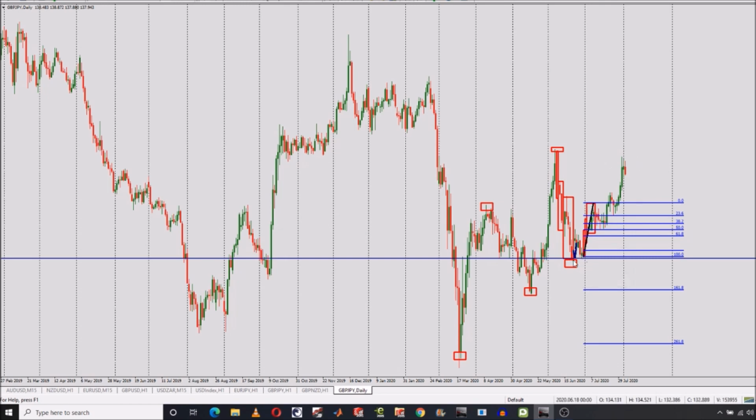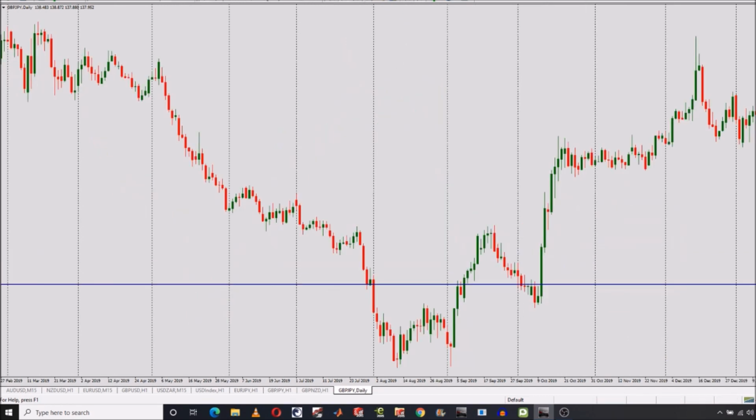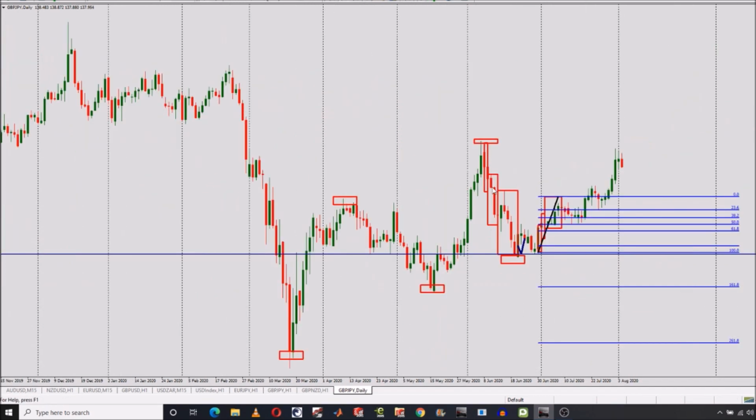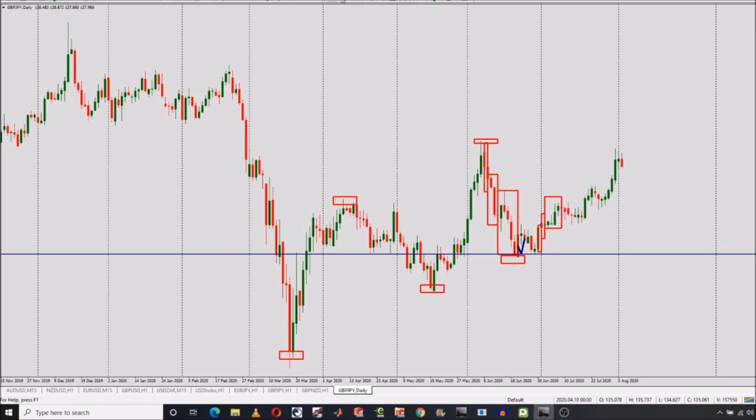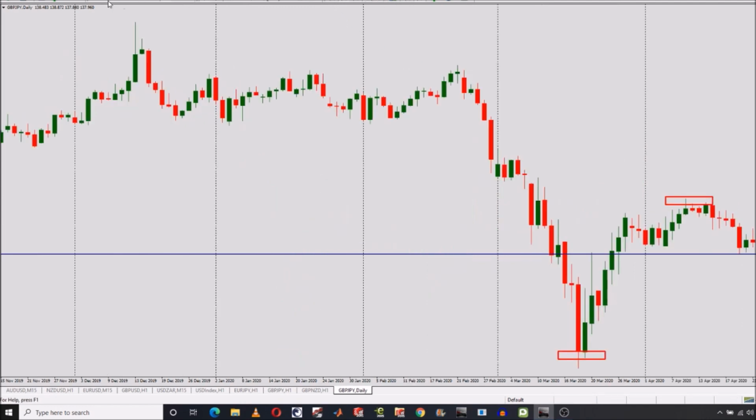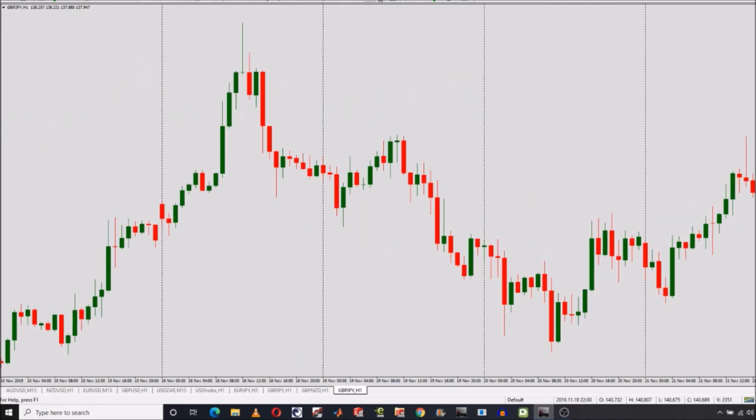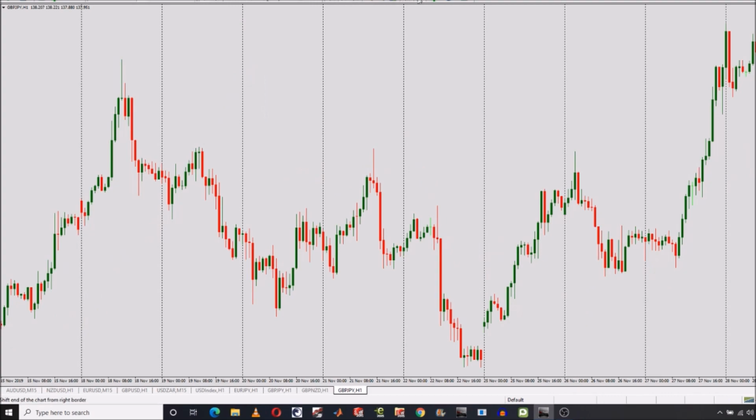Within this structure, our resets were going to be at 38.2. If you do not understand very well where to expect resets, please go back and refer to the Market Maker course on this channel. It is well explained and you actually understand what I mean.